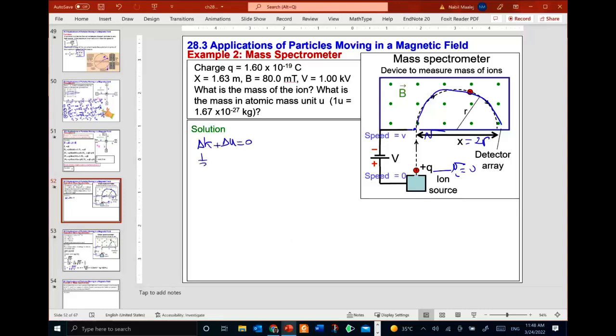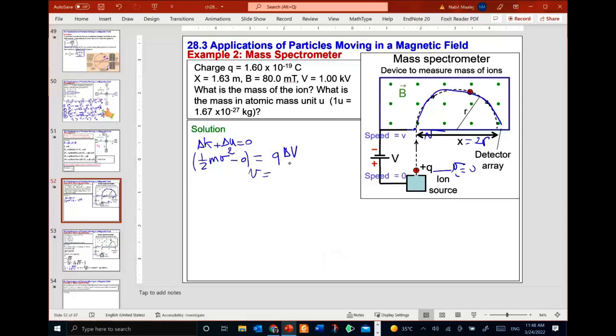Delta K is 1/2 m v final squared minus 1/2 m v initial squared, which is 0. I can take the delta U to the other side, and since we are interested in magnitudes, I will just write q delta V. And I can solve for v.